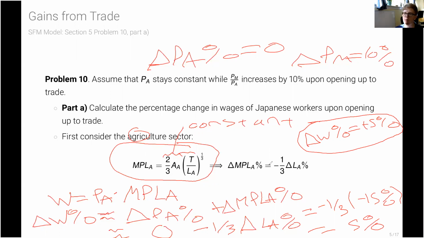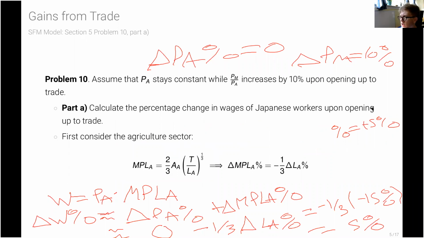Okay, so this definitely could be sufficient to solve for what the percentage wage change of workers is going to be in Japan. Because note that if workers in manufacturing were paid anything more, all the workers would want to go work in manufacturing instead of agriculture. So I claim that that's all the work that we need to do to figure out what the percentage change in wages of agricultural workers is.